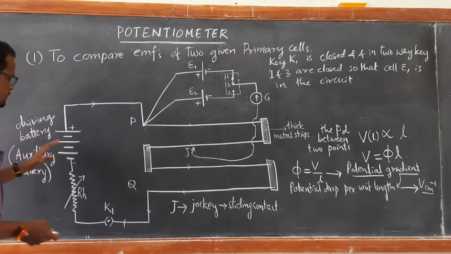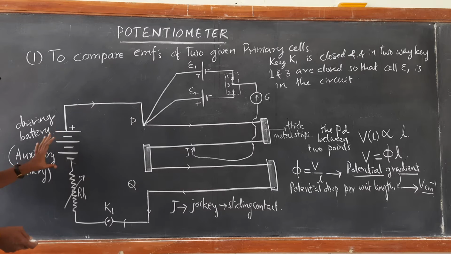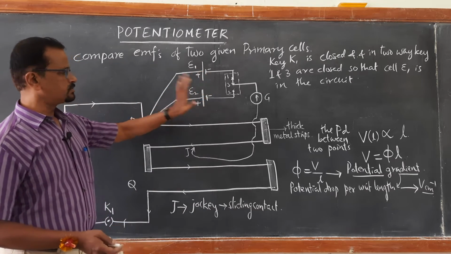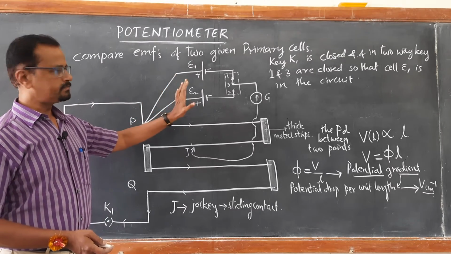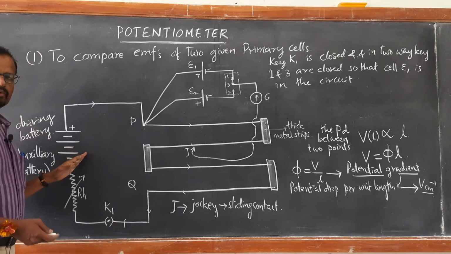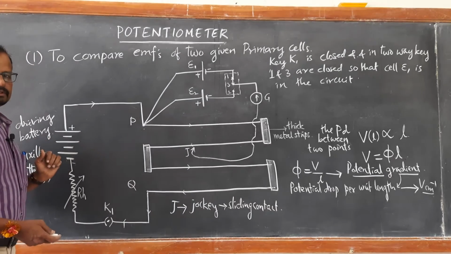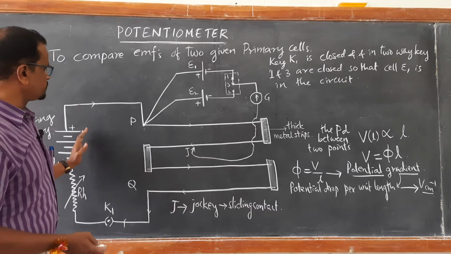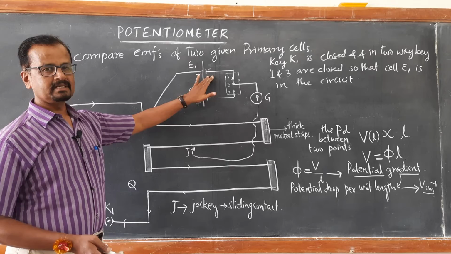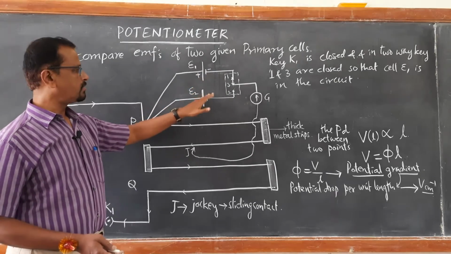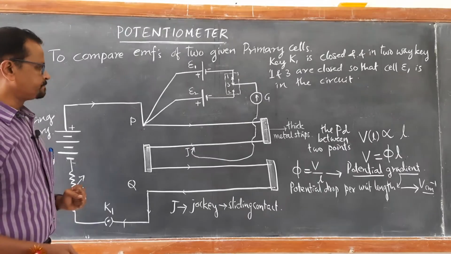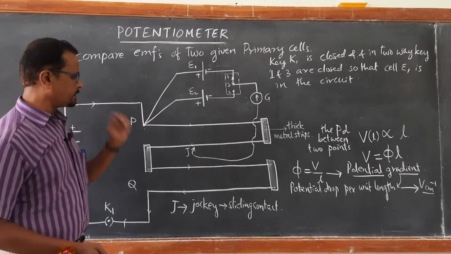And remember, the EMF of this driver cell must be higher than the EMFs of these two cells, maybe like 4.5 volt or 6 volt, so that the voltage will be very much higher compared to the EMFs of these primary cells. They will be hardly 1.5 or 1.1 volt. Okay. So this is to be kept in mind.